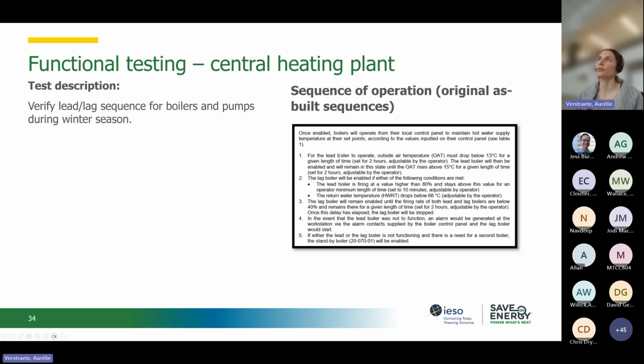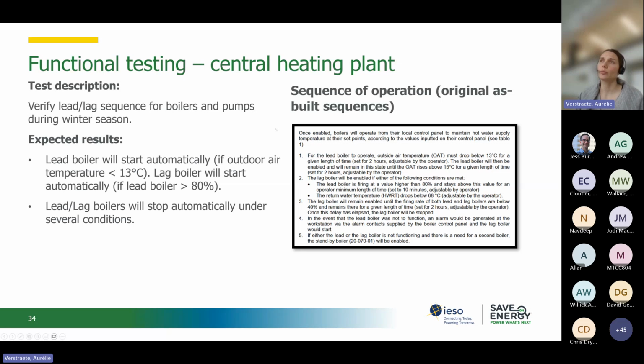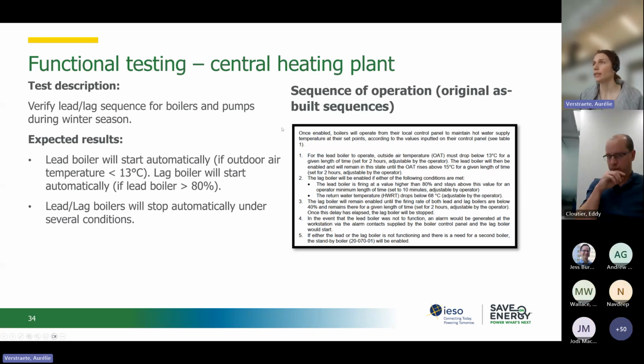And then a functional testing example. So here the objective is to verify the lead lag sequence for boilers and pumps during winter season. You have the sequence of operation, and you expect that the lead boiler will start automatically under a certain outdoor air temperature, and the lag boiler will also start automatically if the lead boiler in that example is above 80%.